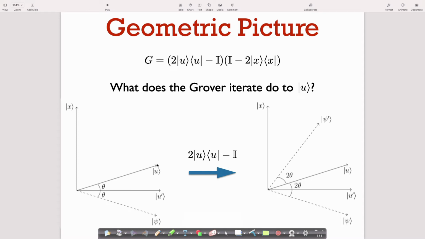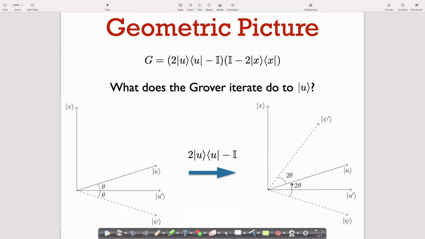Now we're in this state psi here, and we make an angle of 2 theta with the uniform superposition. So next we're going to apply this reflection about the uniform superposition. That is going to flip us up to this state here, psi prime.